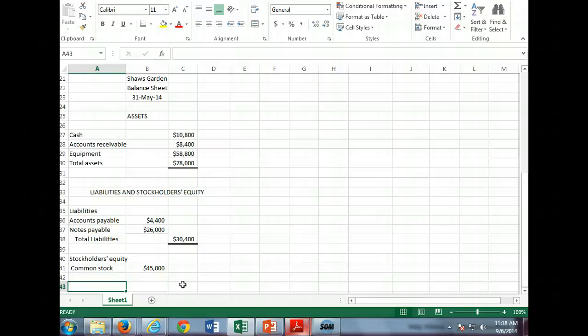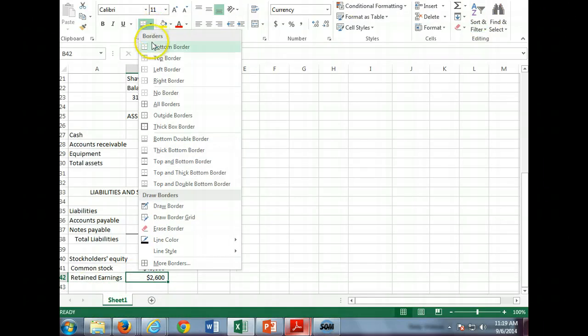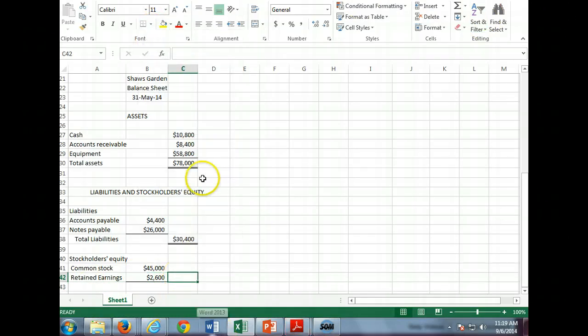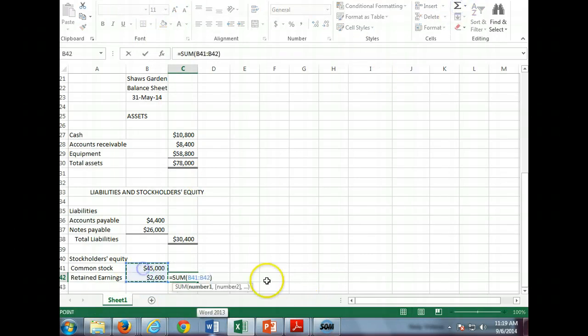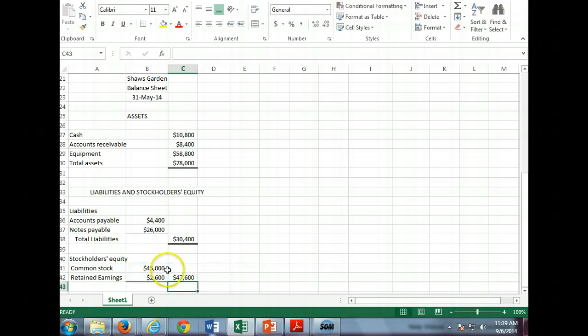So our common stock is 45,000. What's our retained earnings? 2,600, and that came from the statement of owner's equity, correct. So our total here is 47,600.